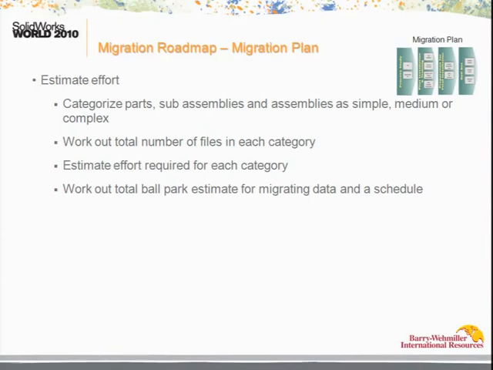The way which we have found works the best is to try and categorize your parts and assemblies into simple, medium, and complex. You say that something which has so many features is a simple part for me, probably takes me less than an hour to make.